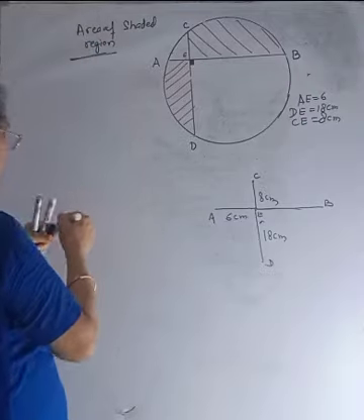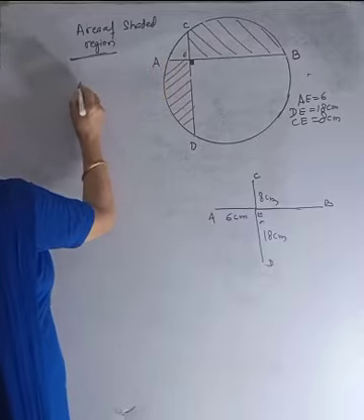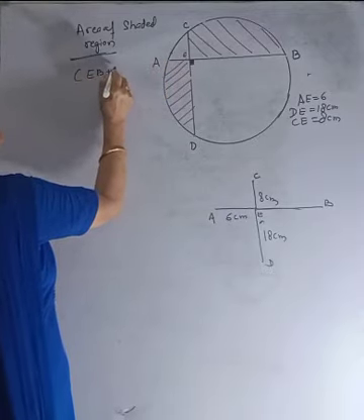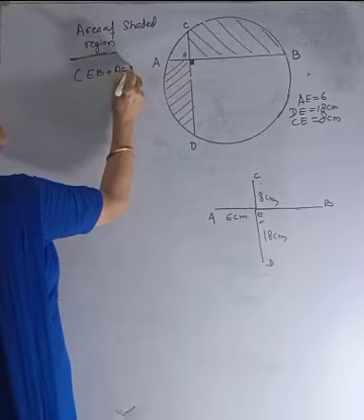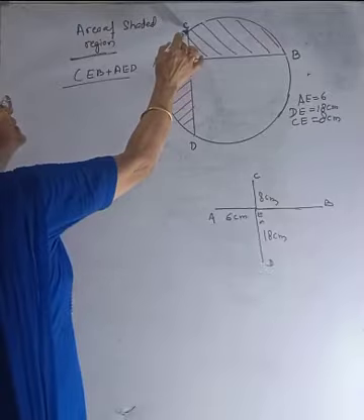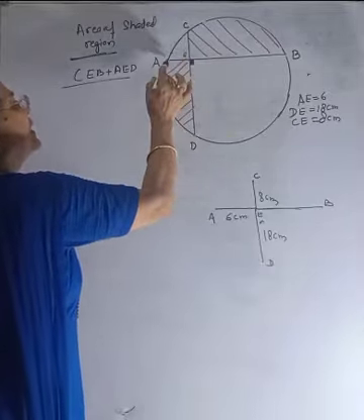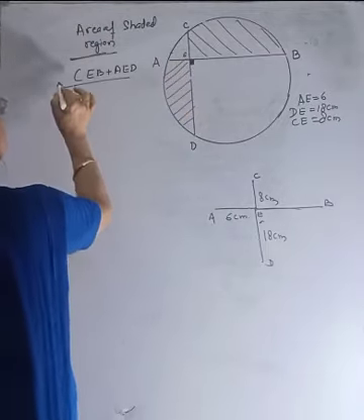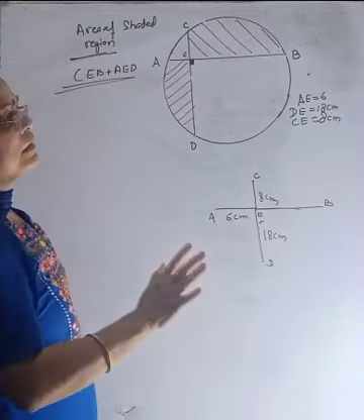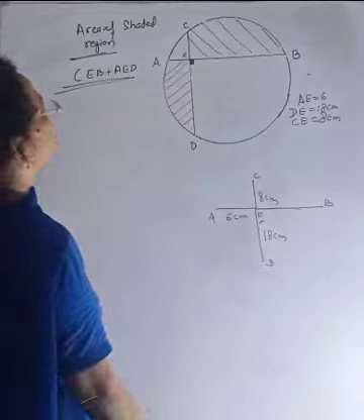Shaded region का एरिया निकालना है. It means area of CEB plus AED. ये निकालना है. CEB and AED, this area निकालना है. How can we do this? Think about this.